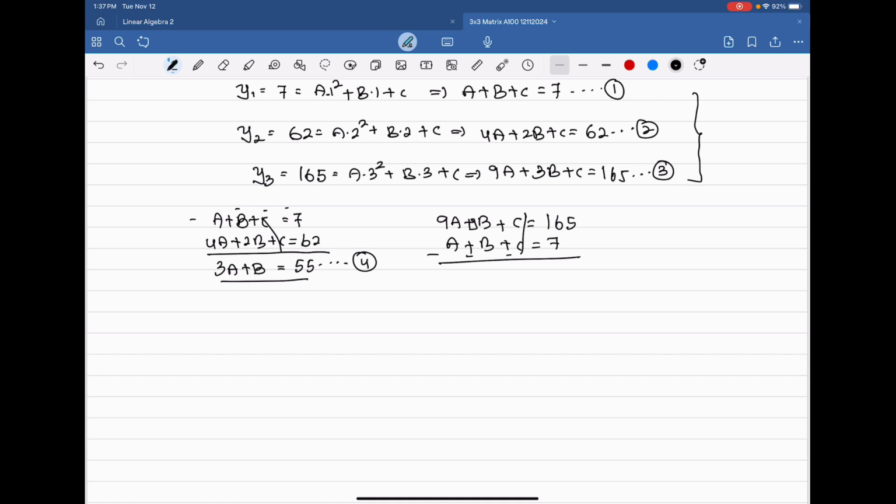Then 9a minus a is 8a, 3b minus b is 2b, is equal to 165 minus 7 is 158. 4a plus b is equal to, what is that? 4a plus b is equal to 158 by 2 is 79. This is the fifth equation. From 4 and 5, what we will get? a is equal to 24.